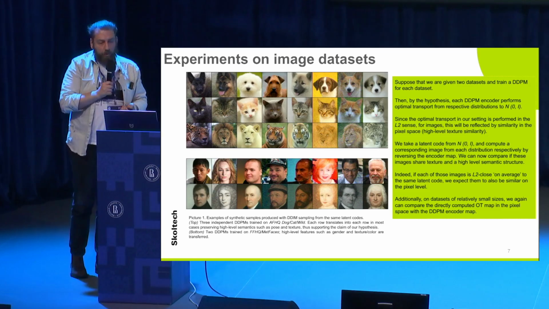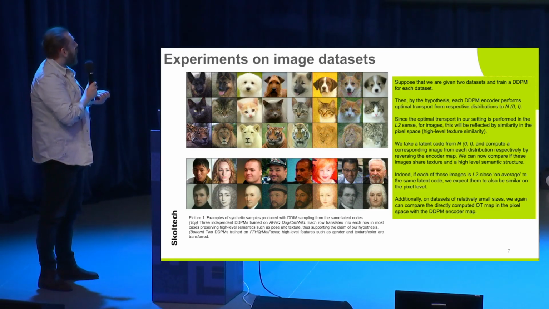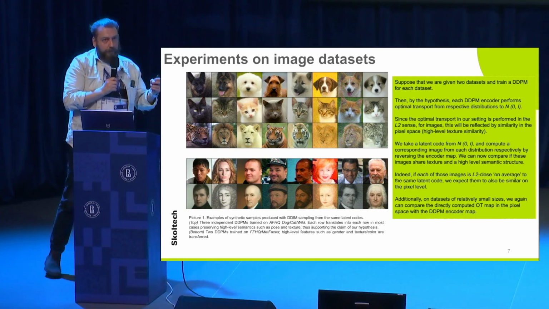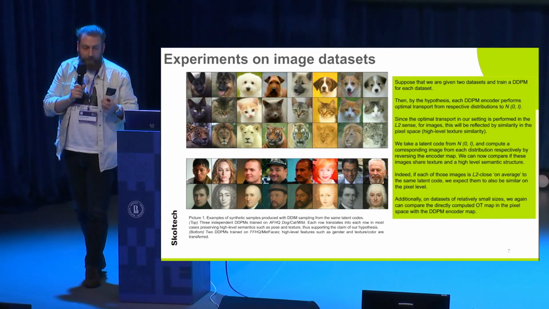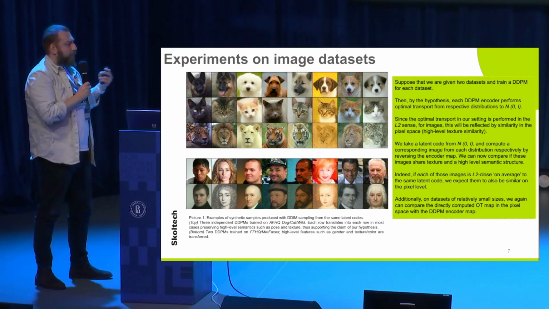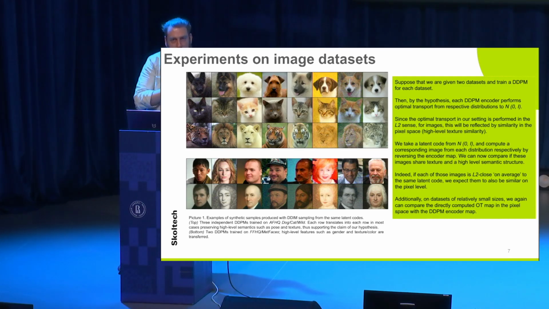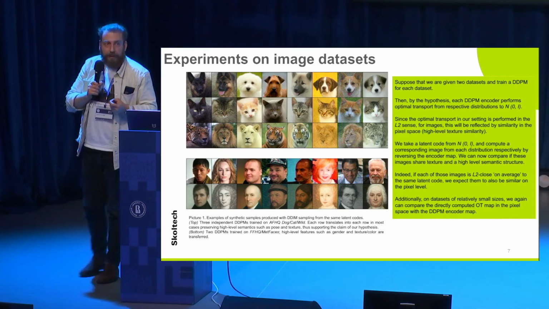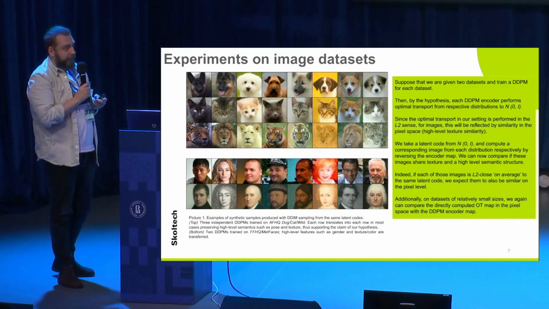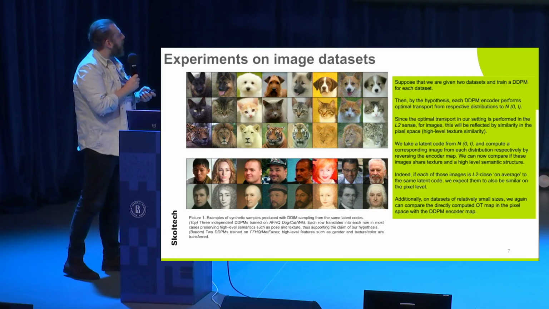So our big hypothesis is that if we take different images, for example, big image samples from two different datasets, and we somehow can build optimal transport from one dataset to another, then we can connect similar images with similar properties, color, and so on.